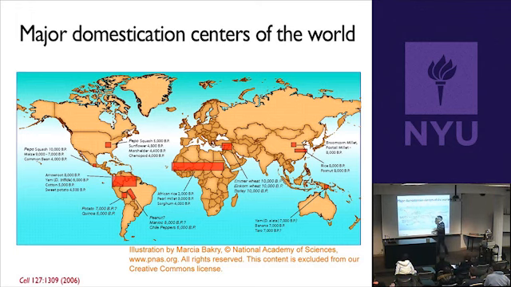Other interesting species have to do with where they were domesticated. In many cases, the places we now associate as being most representative of where those species are used are not where they were originally domesticated. So I often think of India, South Asia, Southeast Asia as the home of the chili pepper. Chilies were actually domesticated in South America.